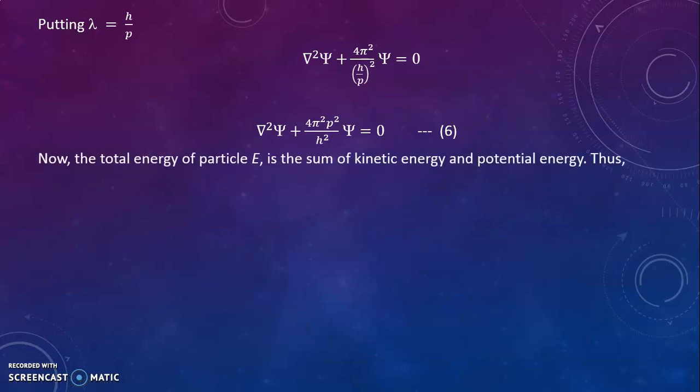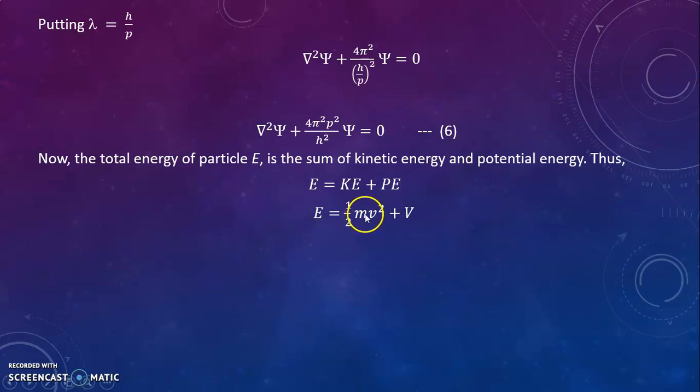Now we know the total energy of a particle is the sum of kinetic energy and potential energy. Thus we can write total energy E is equal to kinetic energy plus potential energy. The kinetic energy formula we already know, which is half mv square, and potential energy we are writing with the letter capital V. Now here, this half mv square we can write in terms of momentum.